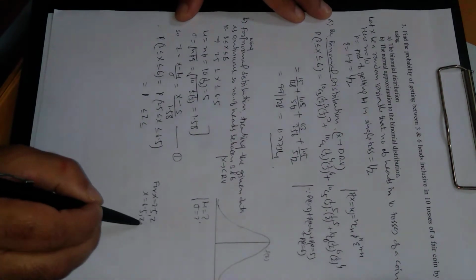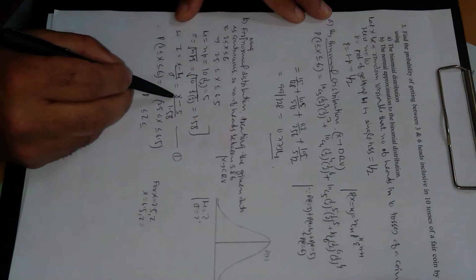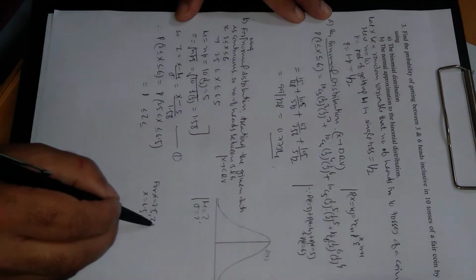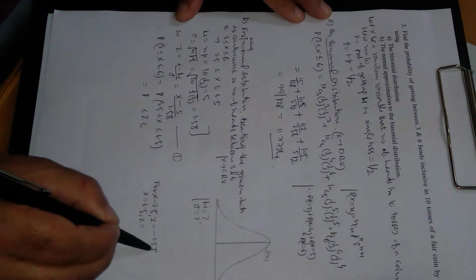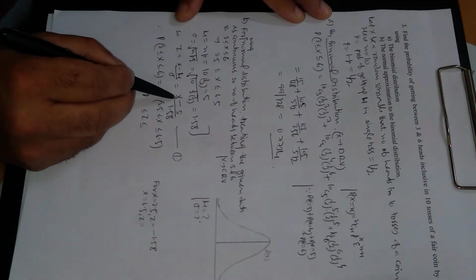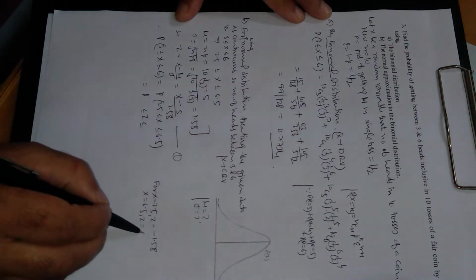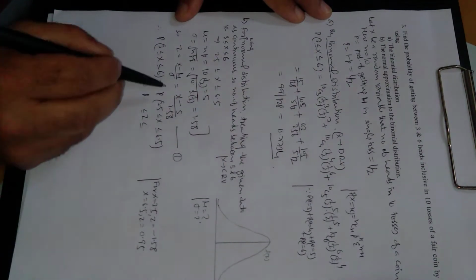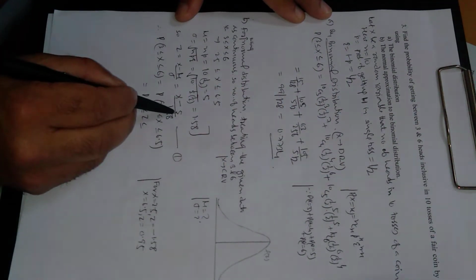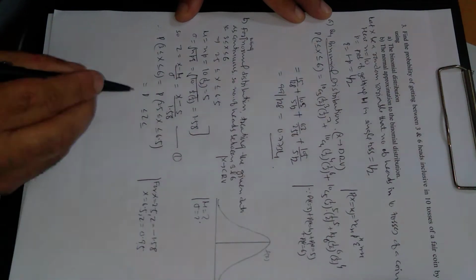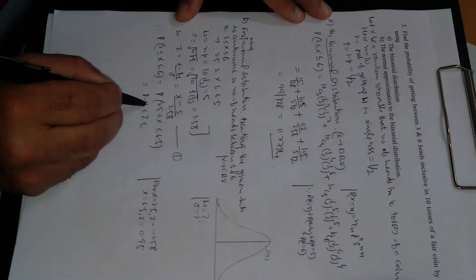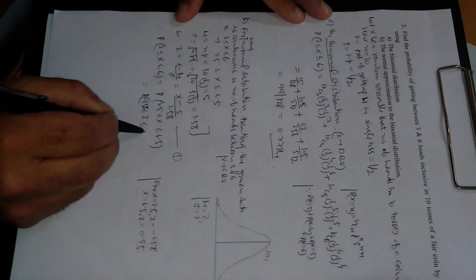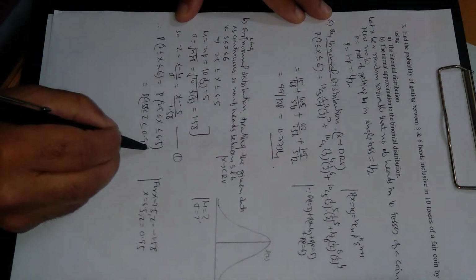If you put x equal to 2.5 here, z will be minus 1.58. If you put x equal to 6.5 here, this will be positive 0.95. Substituting the values of x one by one in this expression, we get minus 1.58 less than z less than 0.95.